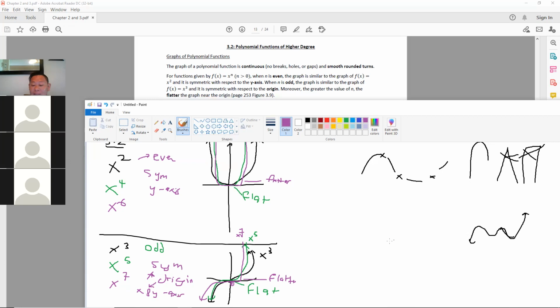If you take this graph of x cubed and flip it on the x-axis, you will get this graph. And then when you flip the green graph again on the y-axis, you will get back the same original graph. So this is what we call symmetry with the origin.